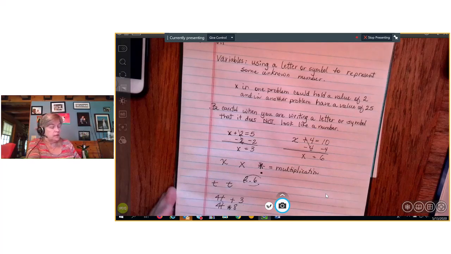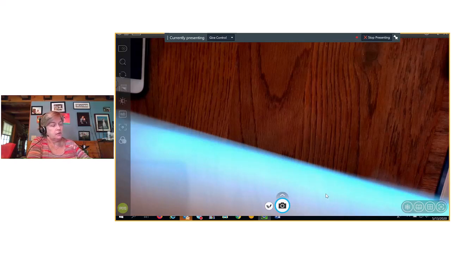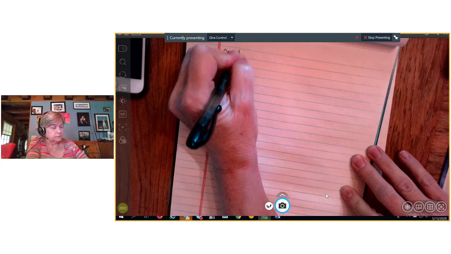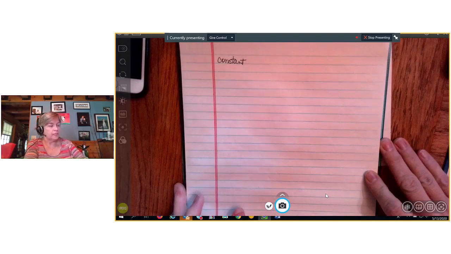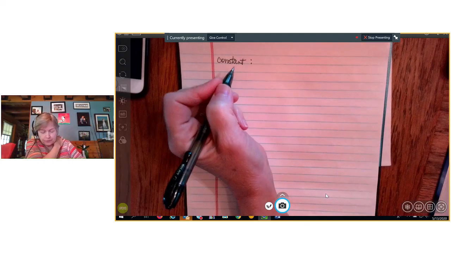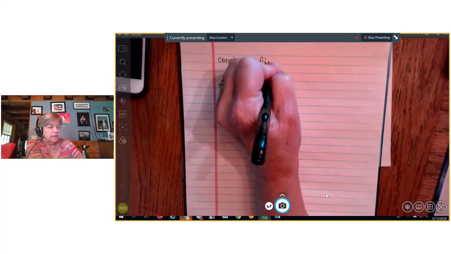There's also another definition that you need to know, and that is a constant. These are called to have fixed values.